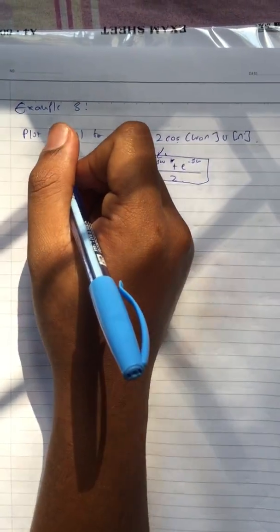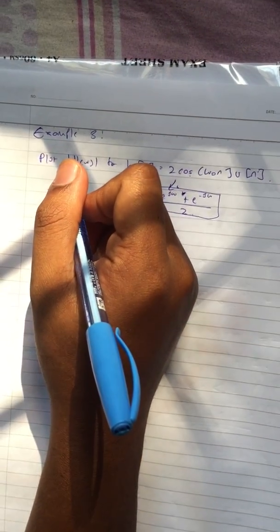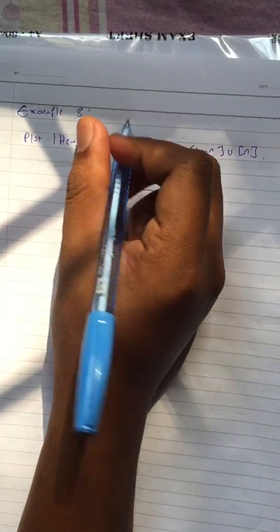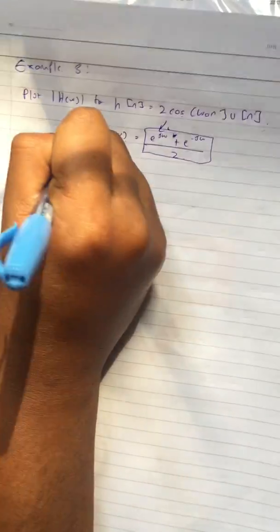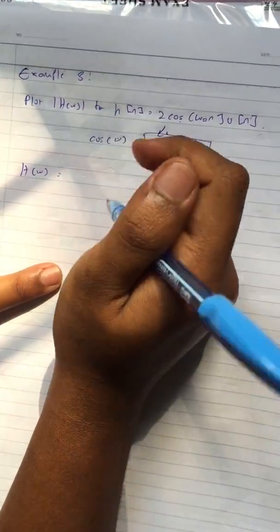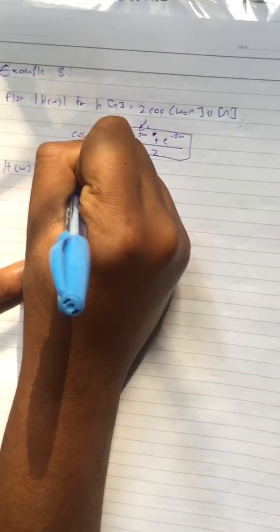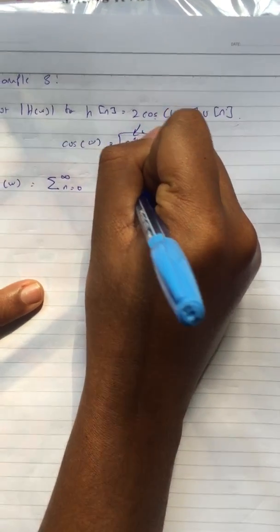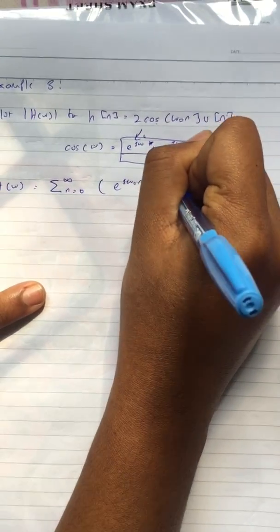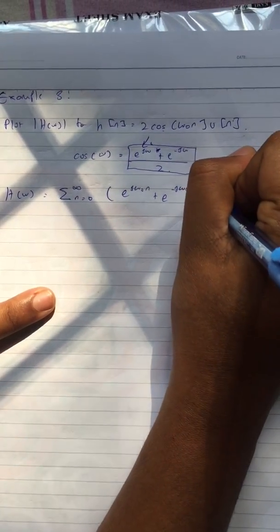So the result will be H(omega) equal to, we need to make it in this form, the sum from n equal to 0 to infinity of e^(j omega naught n) plus e^(negative j omega naught n) times u[n].